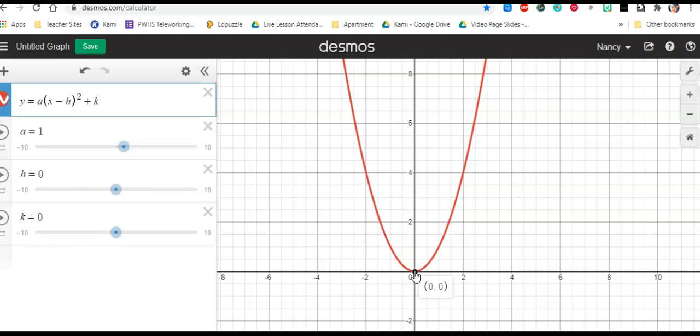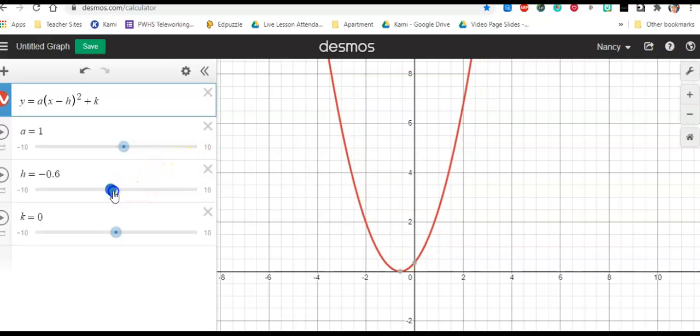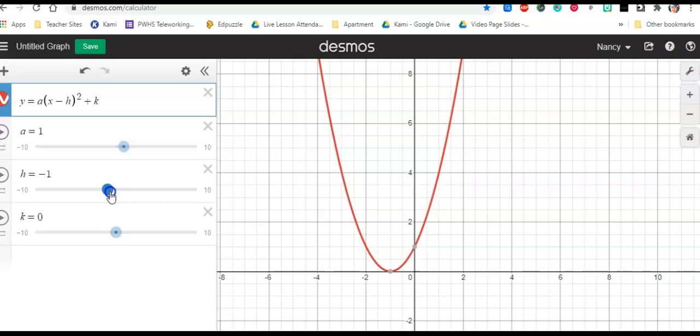And this is what we call our parent function, okay? So as I move h, let's just move h first. If I move h to the left, you see how my h is a negative 1. Okay, so if h is a negative 1 up here, that would read x plus 1.